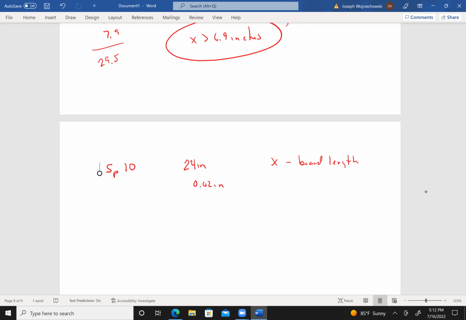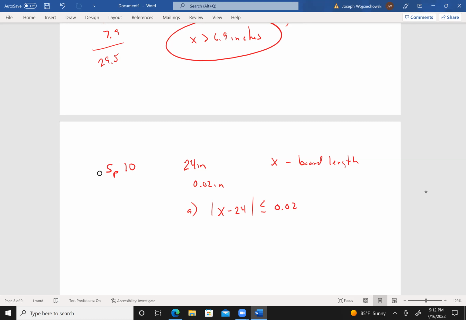Write an absolute value inequality that represents an interval in which to estimate x. So the actual length minus 24, I take the absolute value of that, it must be less than or equal to 0.02. That's A, that's our equation.